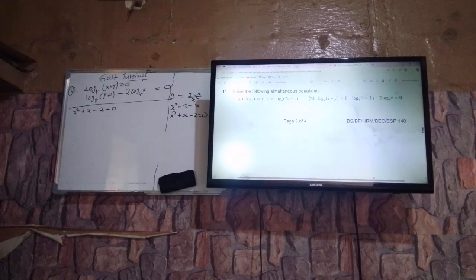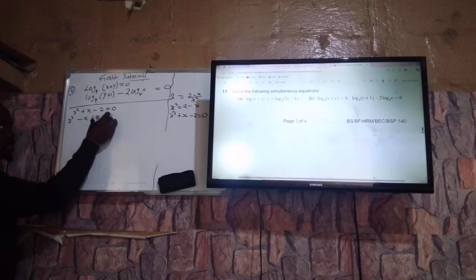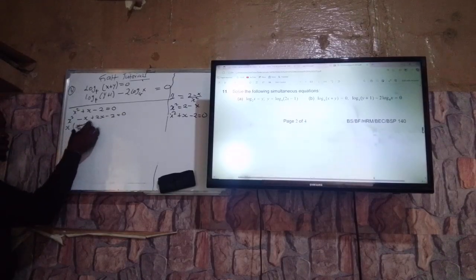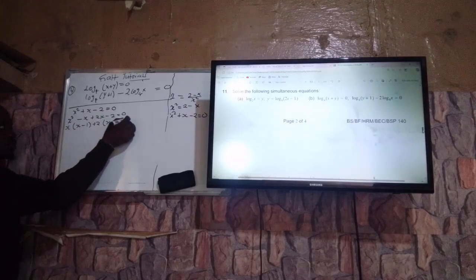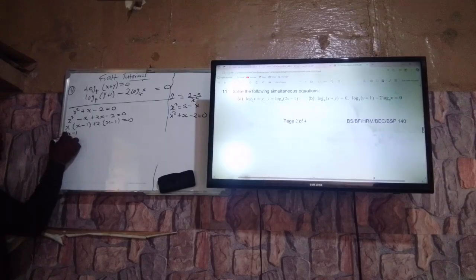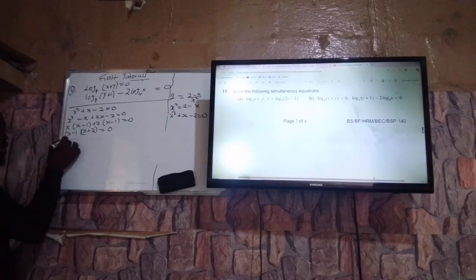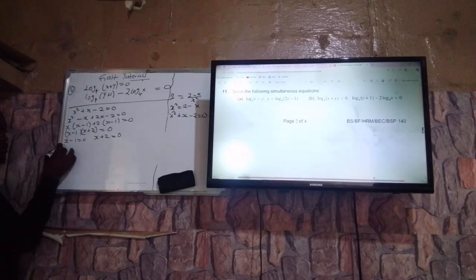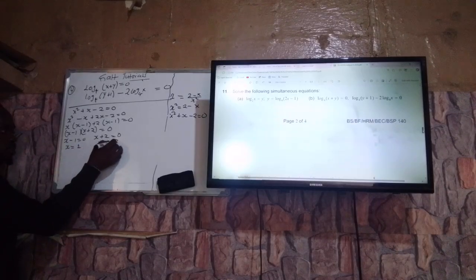The two numbers basically will be -1 and 2. So x squared minus x plus 2x minus 2 should be equal to 0. So x, open bracket, x minus 1, plus 2, open bracket, x minus 1 should be equal to 0. x minus 1, x plus 2 equals 0, implying that x minus 1 is equal to 0 and x plus 2 is equal to 0. So x is equal to +1 and x is equal to -2.